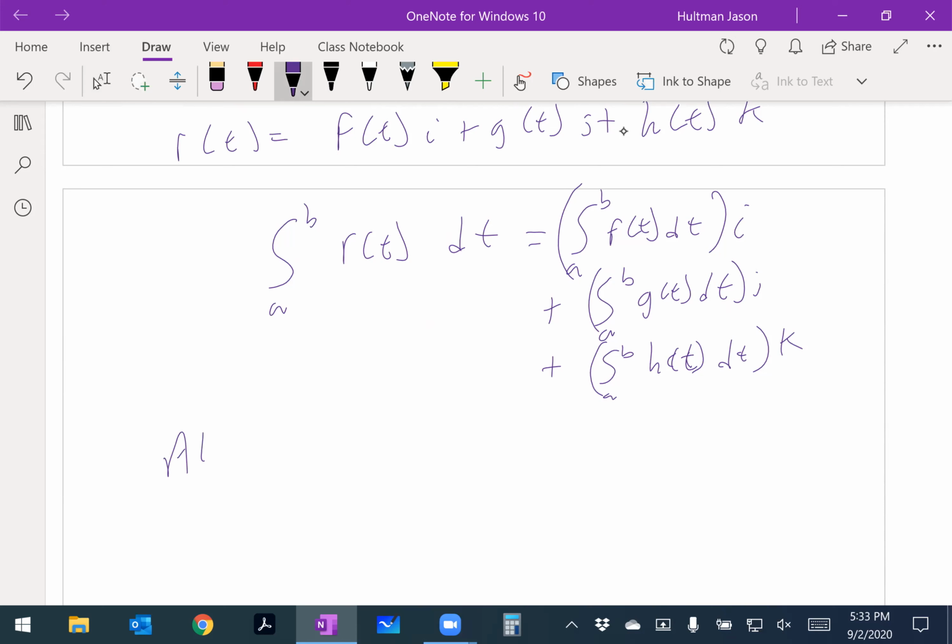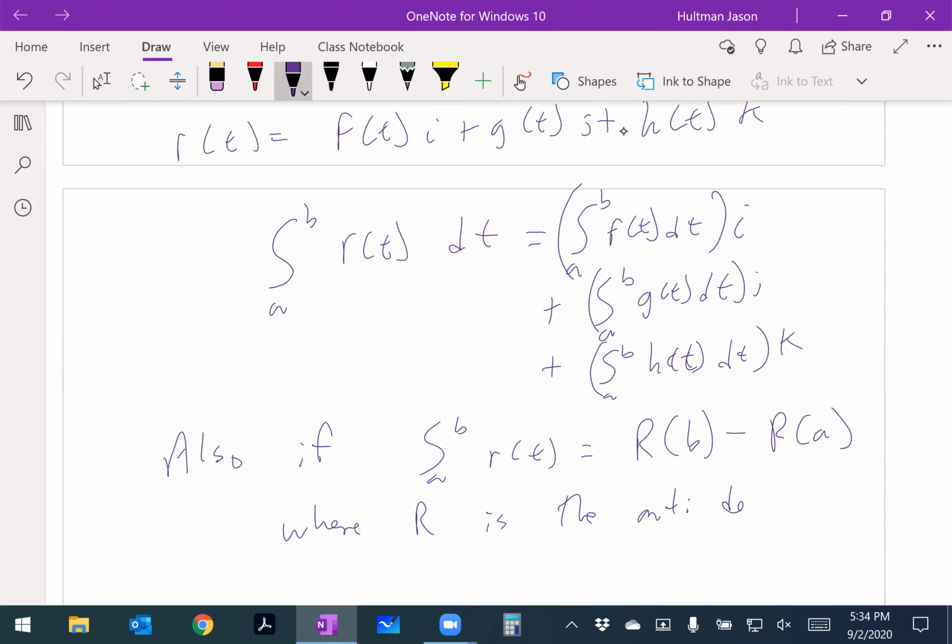Also, the integral from a to b of r of t, this is the fundamental theorem of calculus, is R of b minus R of a, where capital R is the antiderivative vector of r. Think fundamental theorem of calculus on that one.